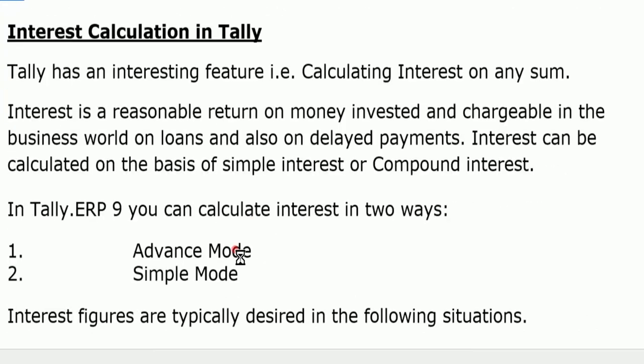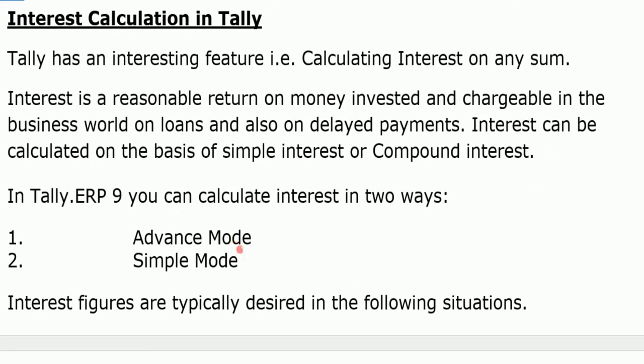Then, interest calculation in Tally. Tally has one interesting feature, that is interest calculation on any sum. For example, if an amount is pending from the debtor, for that pending amount after the credit period, say you have given a credit period of 15 days, after the credit period we can take interest from the debtor by using this interest calculation concept.